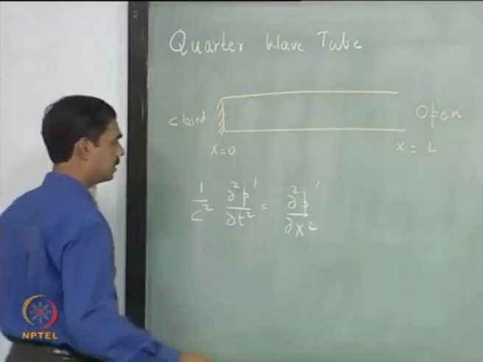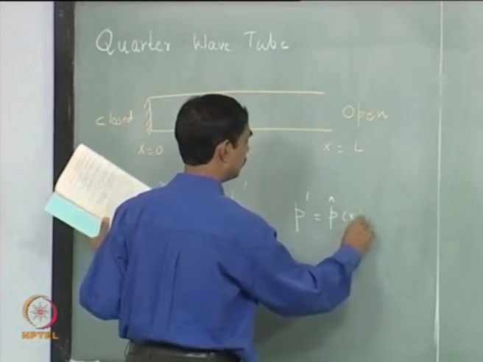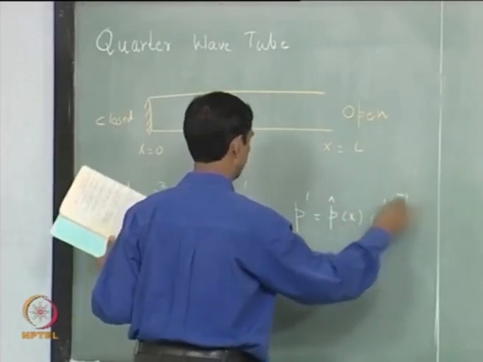So we make this ansatz that p prime equals p hat of x e power i omega t.